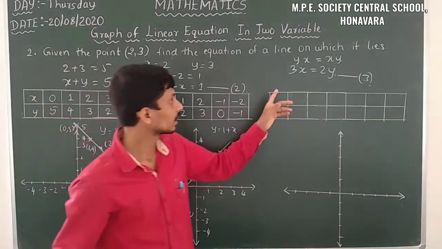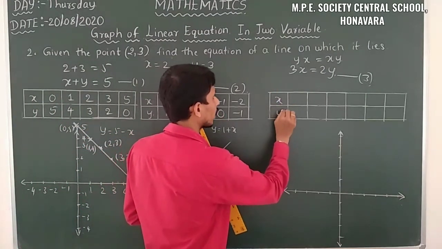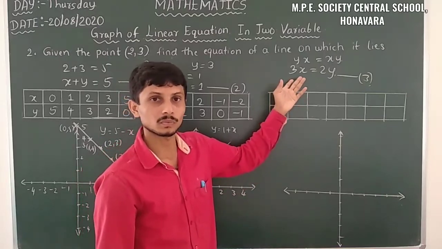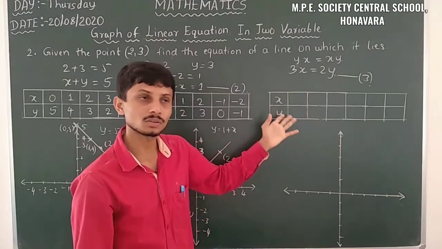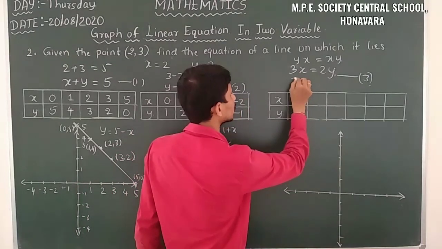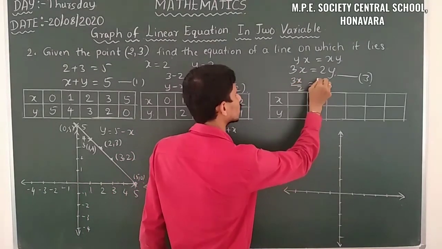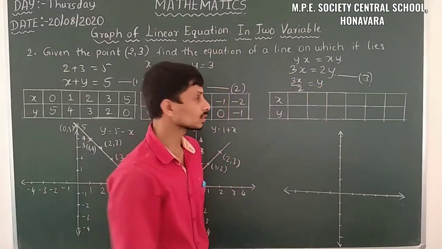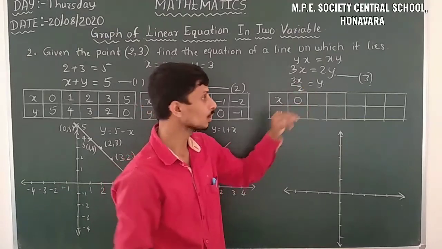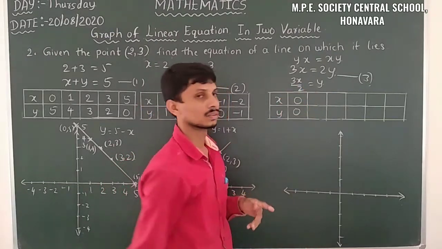After that, take here x and y. So you can take the equation in the form of y is equal to something. What happened here? Here 3x by 2 is equal to y. Okay, so substitute the value of x is equal to 0. When we substitute the value 0, we get 0 only.